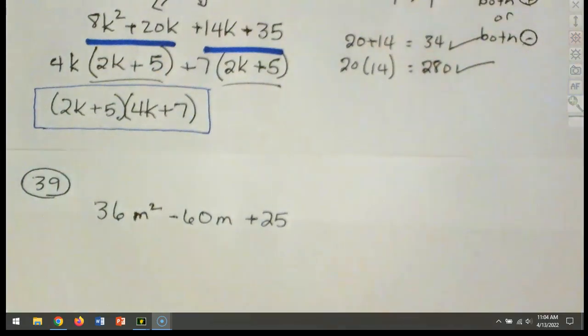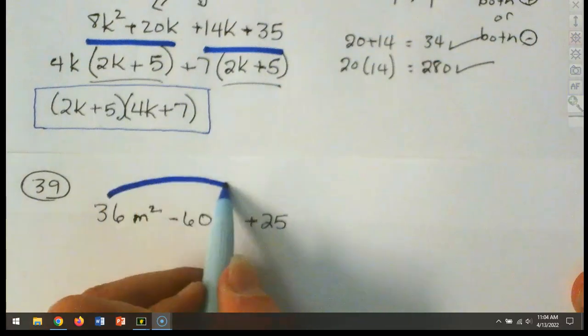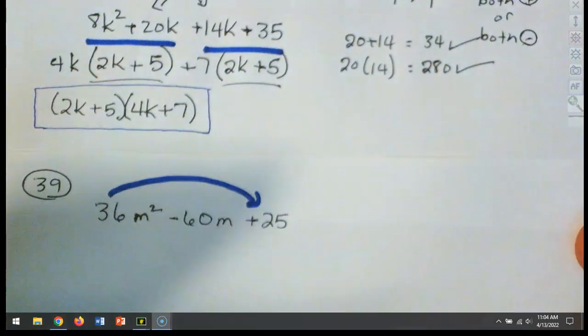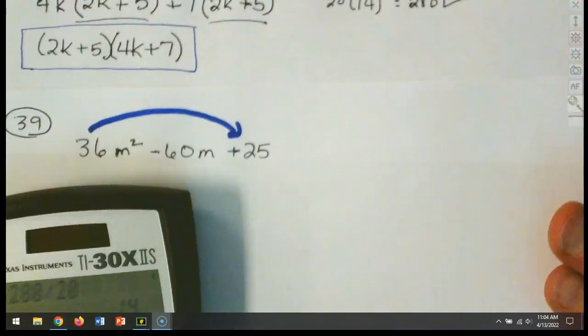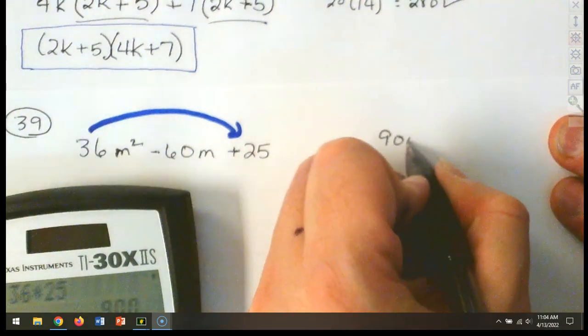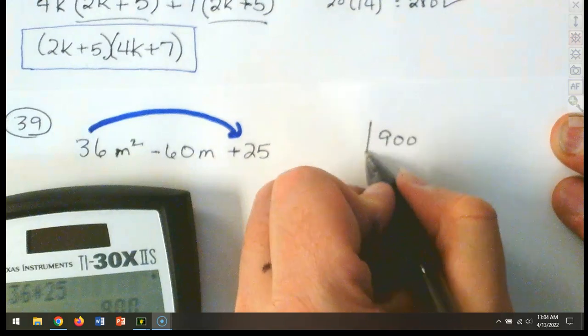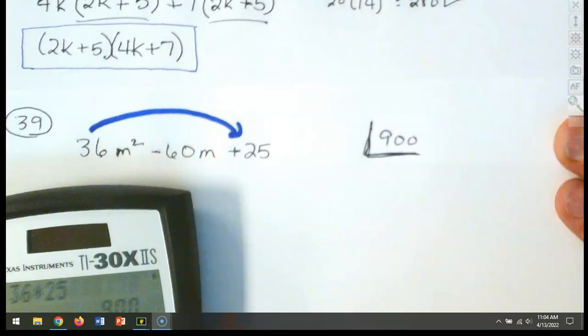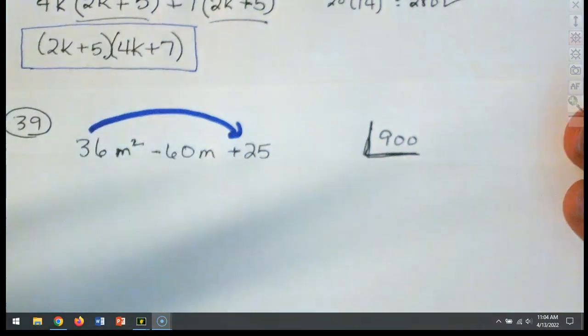So what do we do? We take the first times the last. So first times the last, that's 36 times 25. That's 900. So what do we know about the 900 here? 900 is positive.